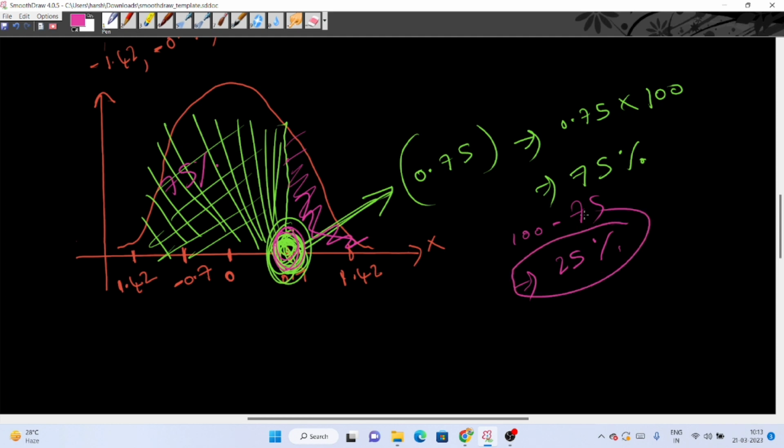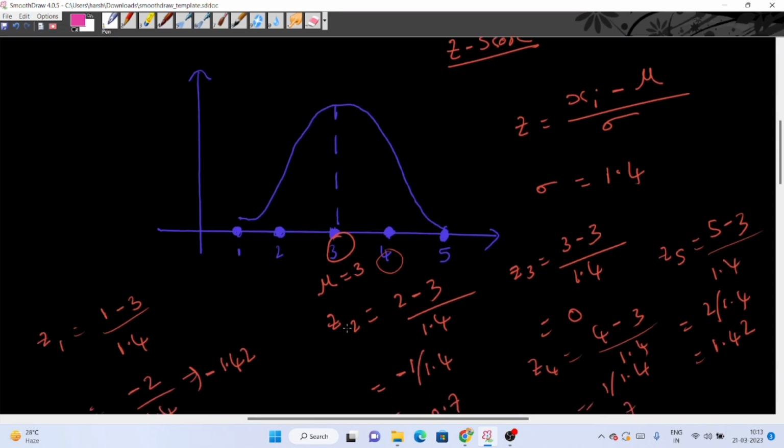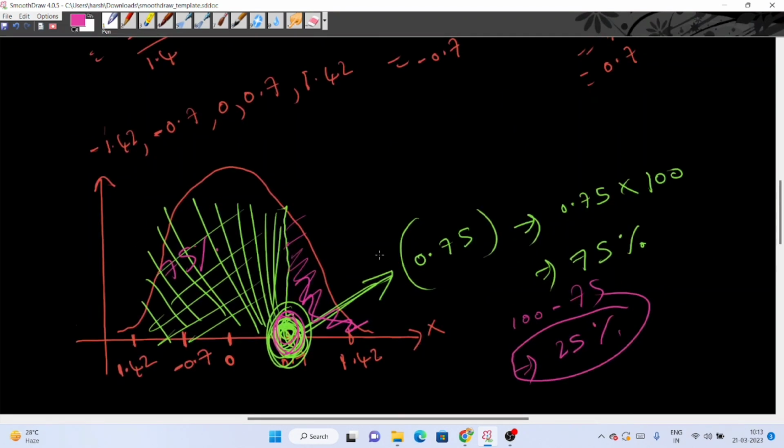So in this video, we have covered how we can convert normal data like this into standard data like this, and also how we use the z-table and z-score to find the critical value at a particular point.